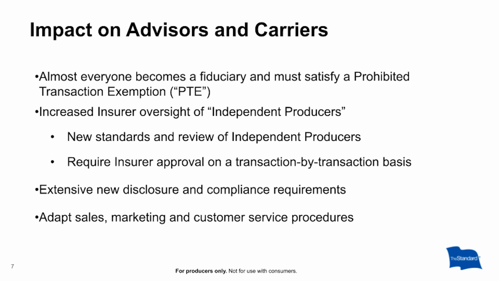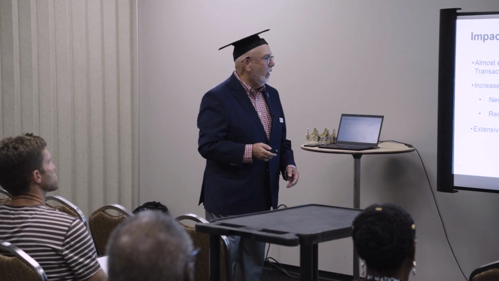It's kind of the next level there. So you're going to have new standards, new requirements, and we'll talk about what those are. Ultimately, not this year, but next year, your insurer of choice, where you place an annuity or even life insurance when it's funded from qualified funds, will have to approve your transaction. There's going to be new disclosure requirements as well.